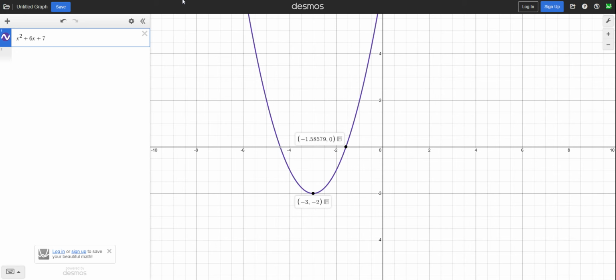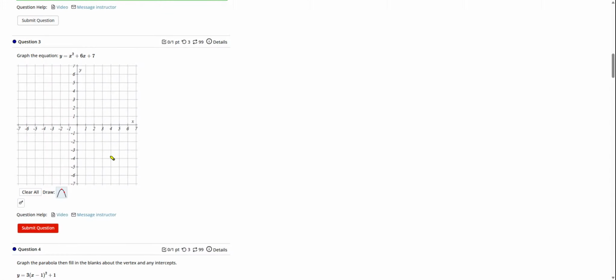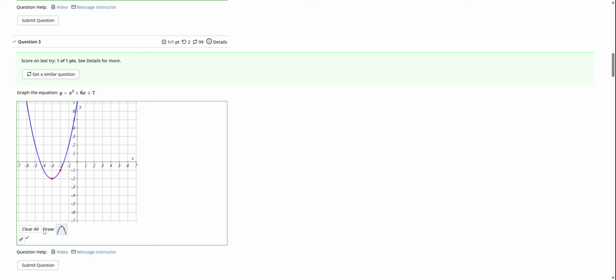So -3, -2, -2, -1. And I forgot to check to see if there were multiple graphing tiles, or graphing tools. And it just so happens that this only had one to choose from, so that's a good thing.